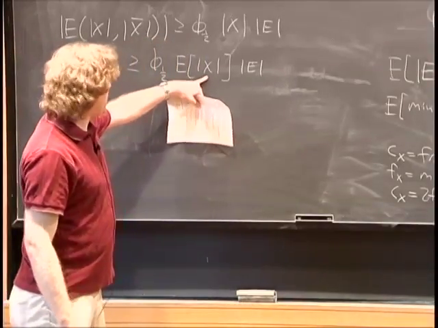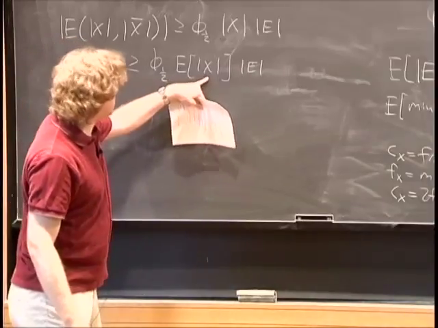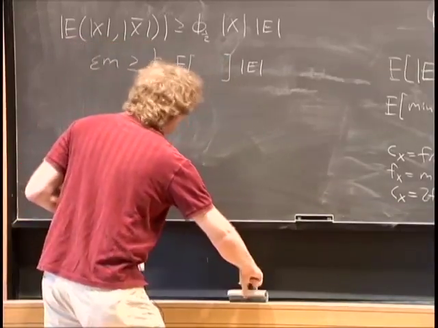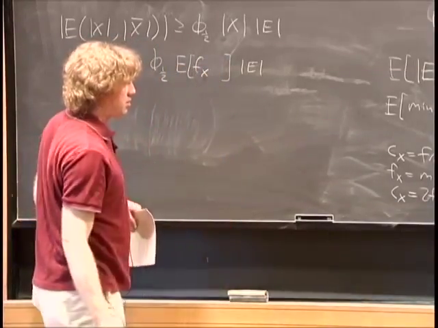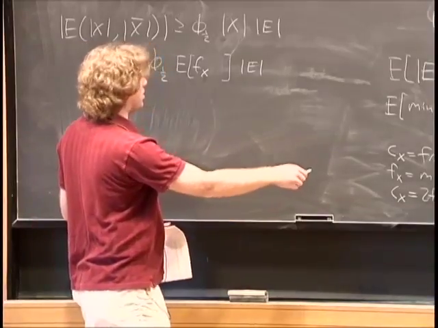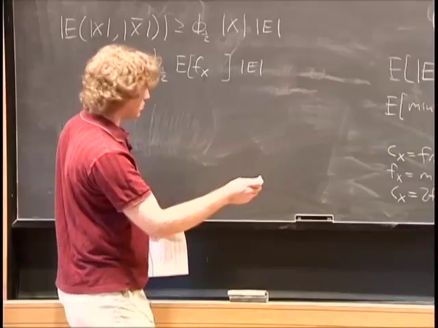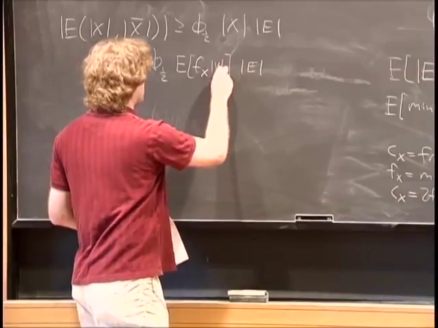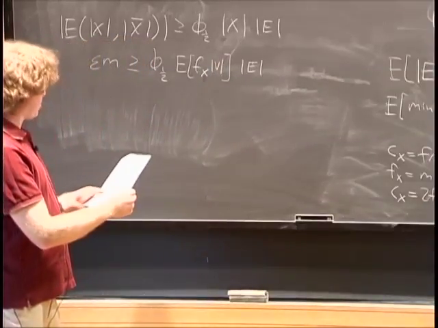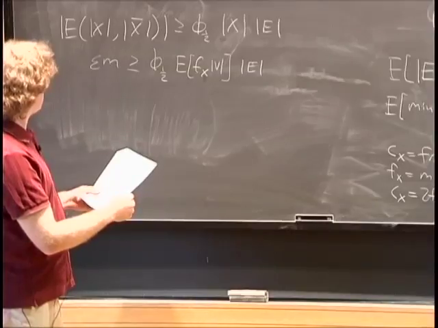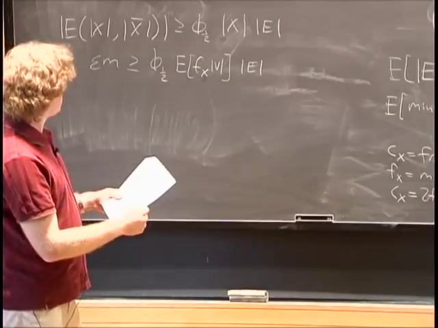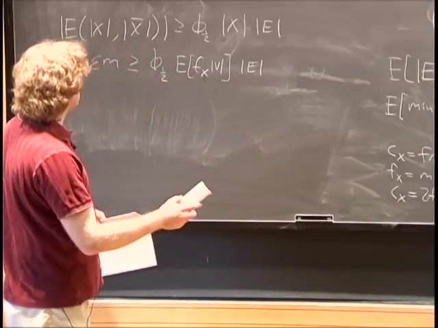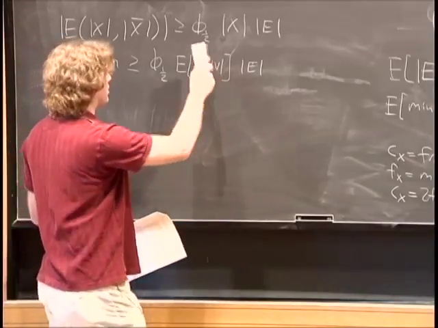But the expected size of the smaller side of the cut is the expected value of fx times the number of vertices. Oh, right. You forgot this phi a half times the size of x. It should be the volume of x.